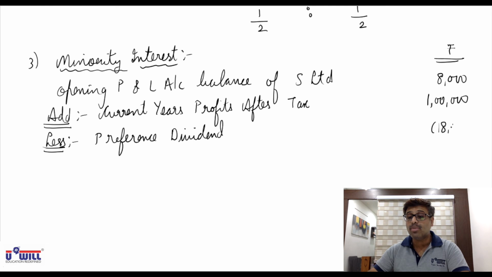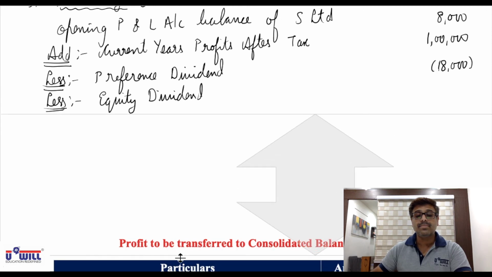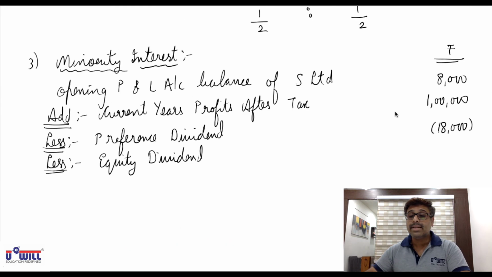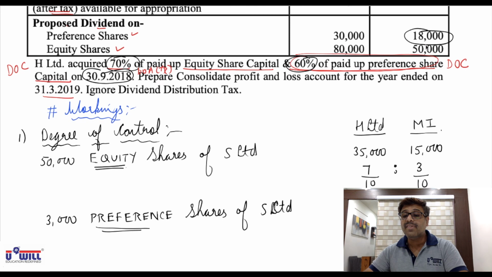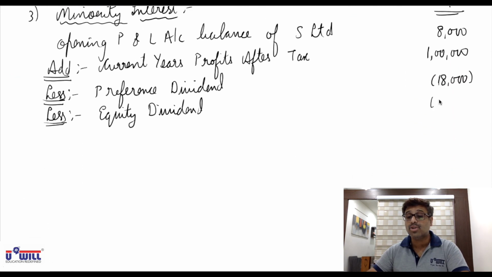And we will also minus equity dividend, that is 50,000 rupees, equity shares dividend given in the information.